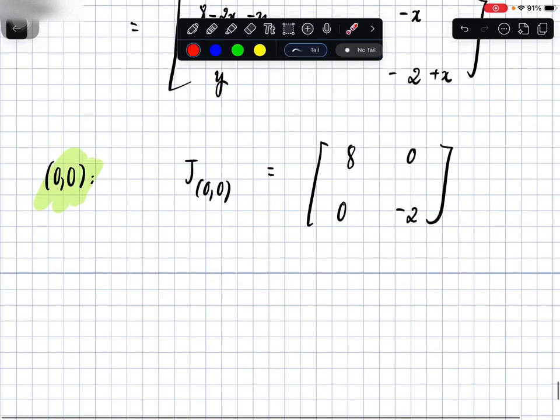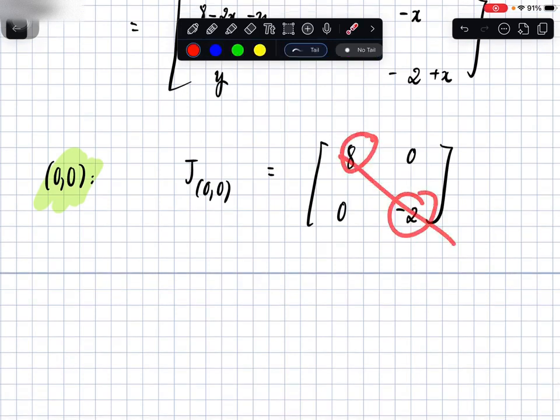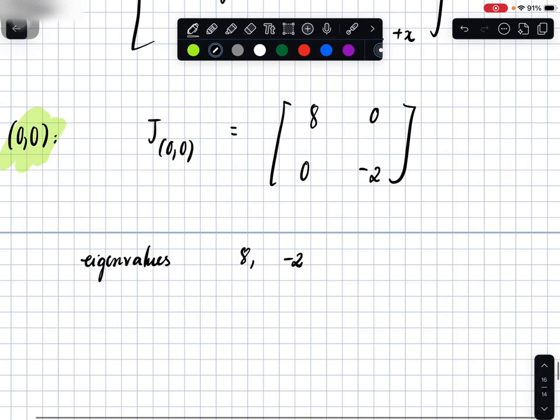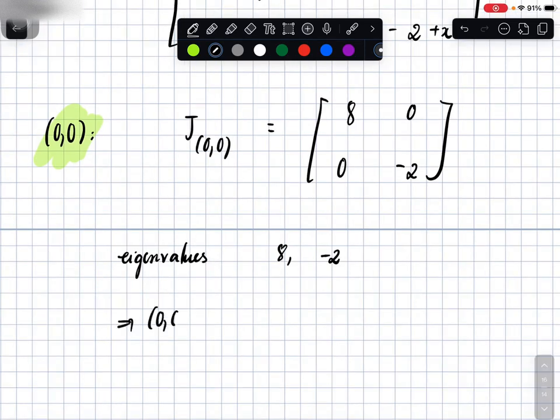This matrix is diagonal, so you see the two eigenvalues right here, 8 and minus 2, with two linearly independent eigenvectors. The eigenvalues 8 and minus 2 are real of opposite sign, so for sure (0, 0) is an unstable saddle point.